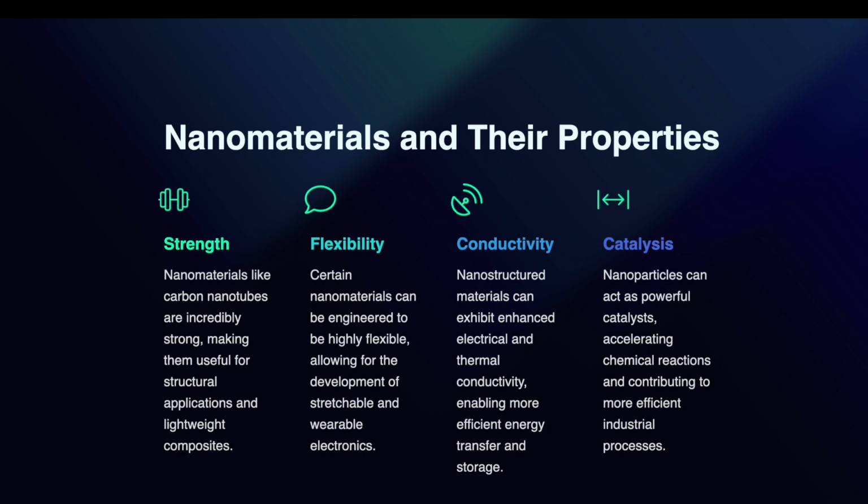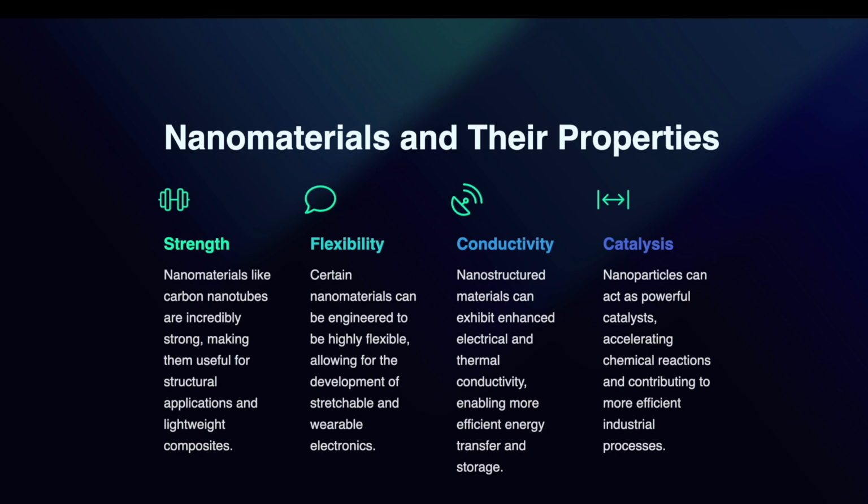Again, I am telling you, giving a recap, that they enhance strength, flexibility is more, conductivity is more, whether it is thermal or electrical, and nanoparticles can also act as powerful catalysts, and they can accelerate chemical reactions. So if anything which we are making, say for example we are making polymers, or making fertilizers, or making paints, or making anything, pesticides, in that we need catalysts.